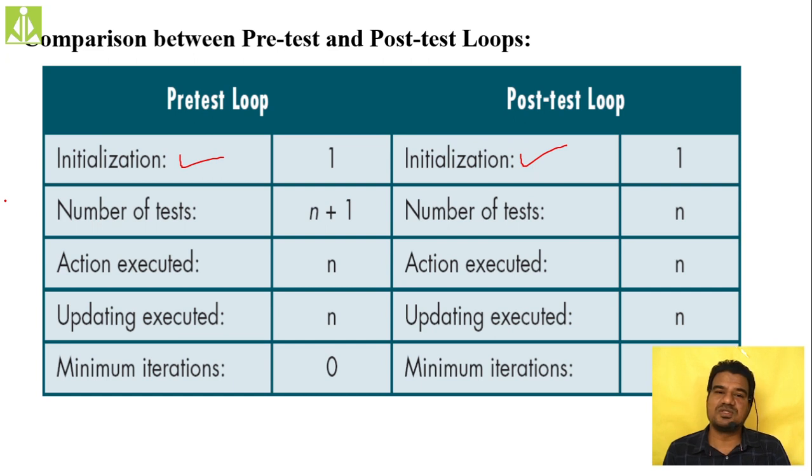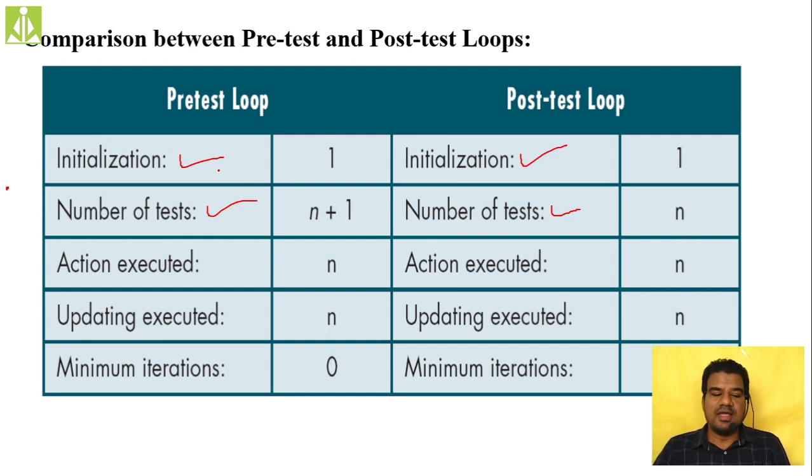That is why the number of times the condition is tested is n plus 1 in pre-test loops, and in post-test loops it is exactly n, because the condition is mentioned after the body, so after completing each iteration it will check the condition.